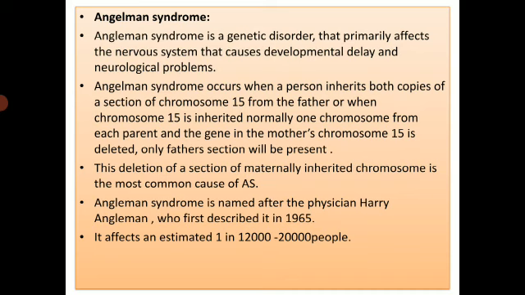Angelman syndrome occurs when a person inherits both copies of a section of chromosome 15 from the father, or when chromosome 15 is inherited normally, one chromosome from each parent, and the gene in the mother's chromosome is deleted.